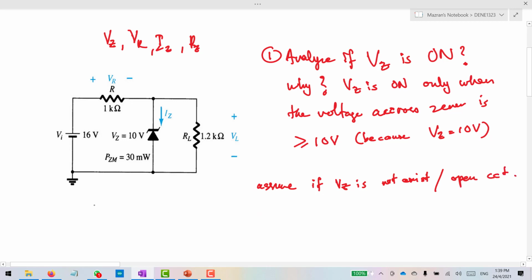If it's an open circuit, it will look like this: R, RL, and this is open circuit. So you can just use the voltage divider.